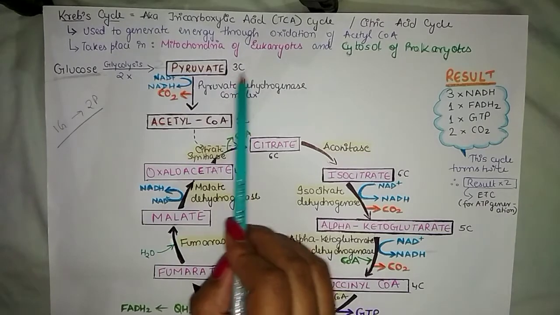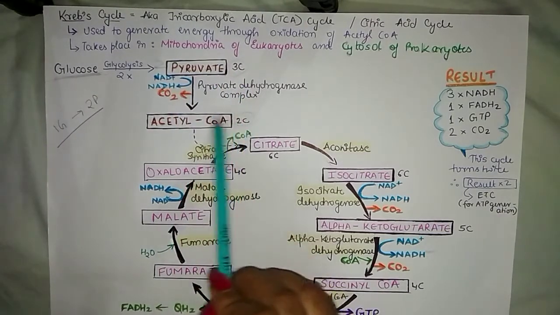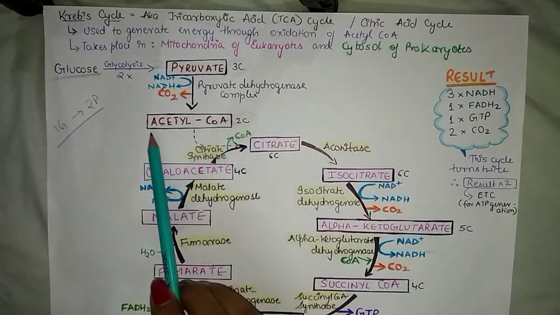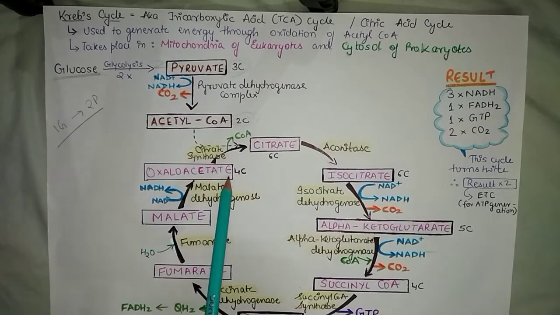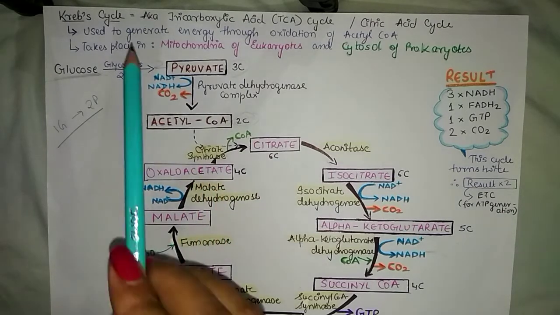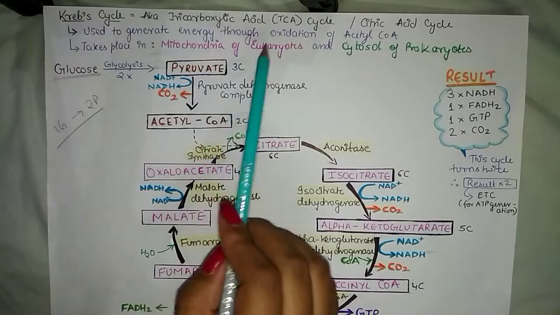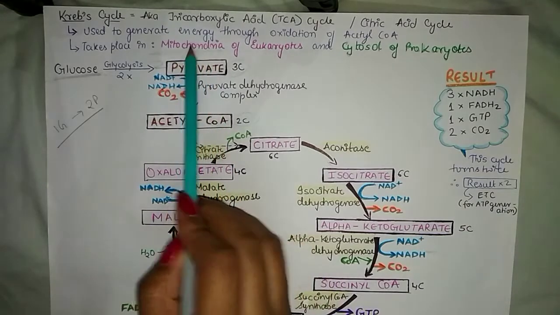Hence, this 3 carbon molecule pyruvate will be converted to the 2 carbon molecule acetyl coenzyme A. Now, this acetyl coenzyme A will react with oxaloacetate, which is a 4 carbon molecule found in the matrix of the mitochondria. Since this reaction is taking place in mitochondria, we'll be getting oxaloacetate in the matrix.